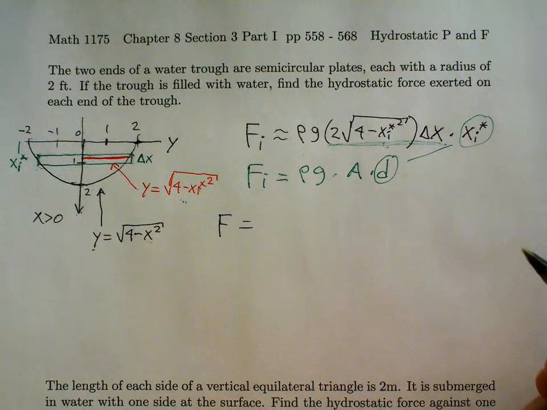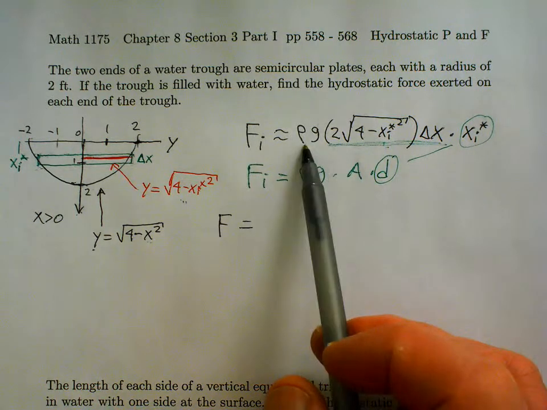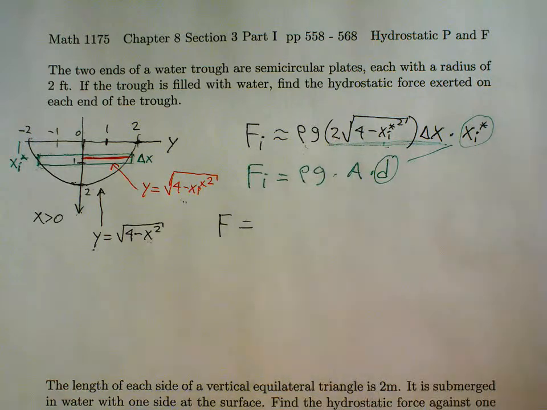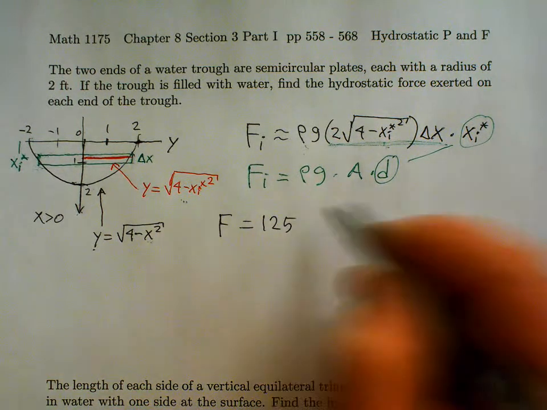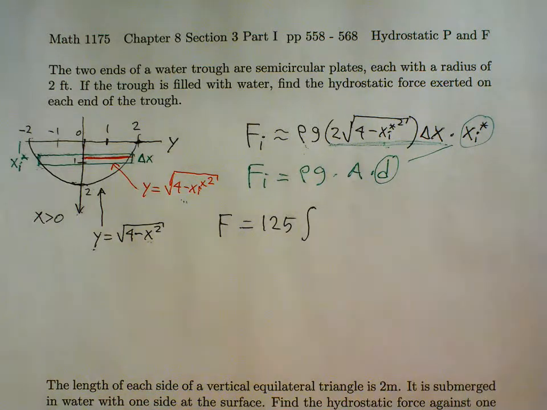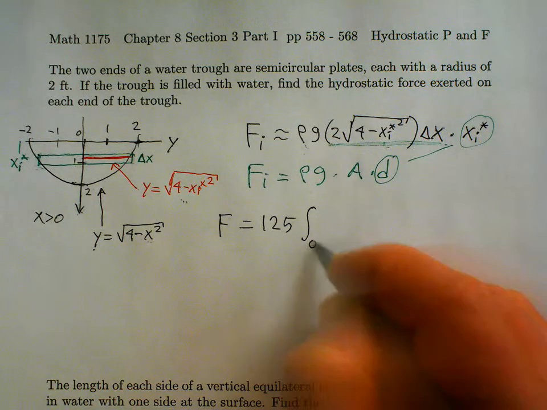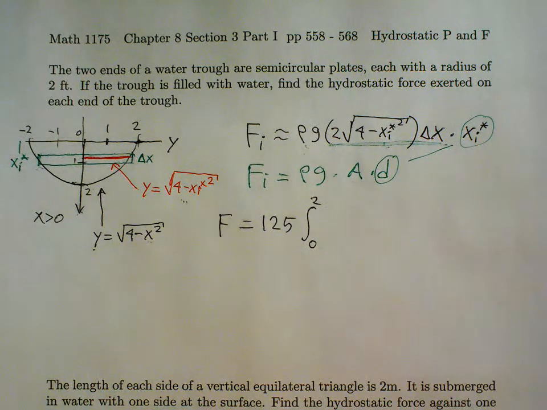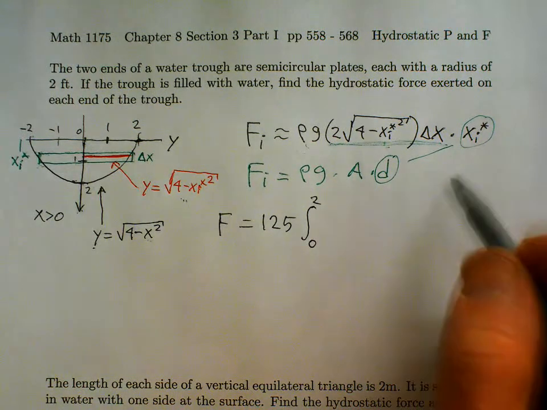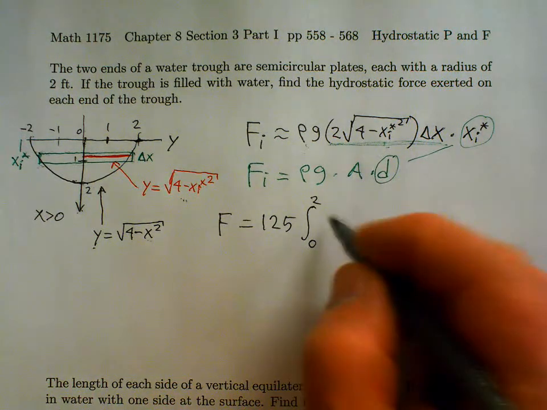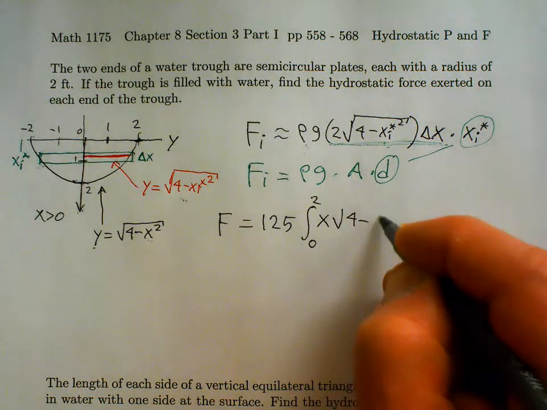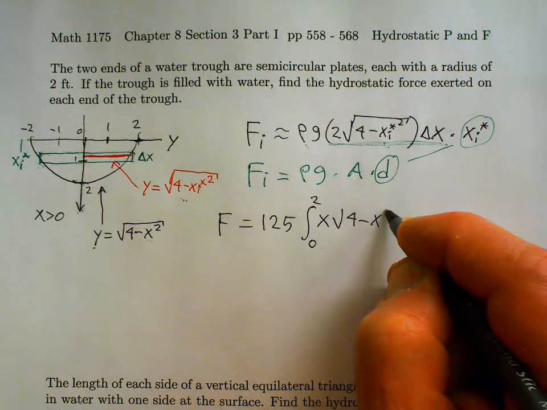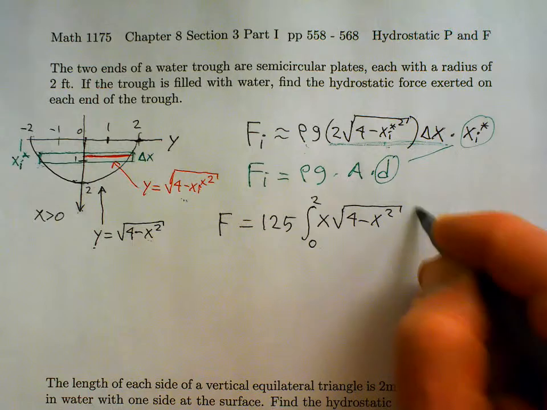Since that's a constant, and we're multiplying by 2, we can write 125 times the definite integral from x equals 0 to 2. And then rearranging the terms, I'll write x times the square root of 4 minus x squared, and then dx.